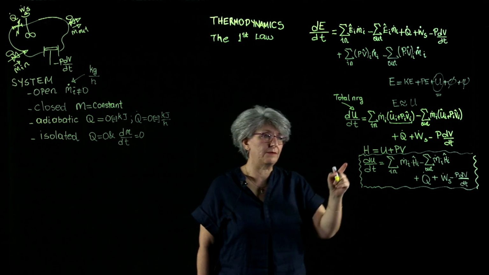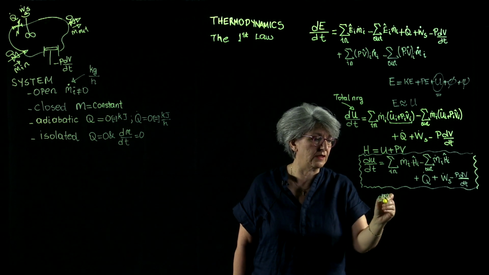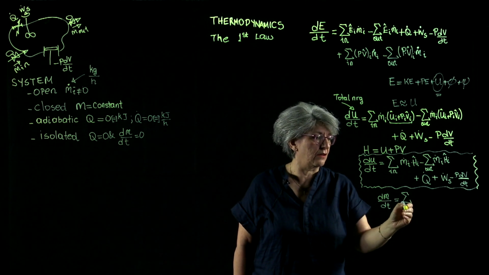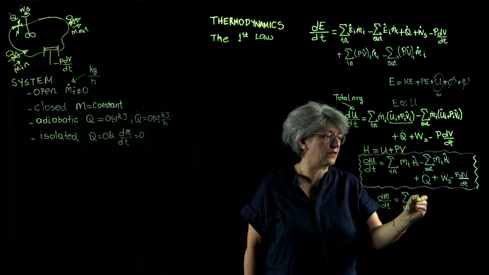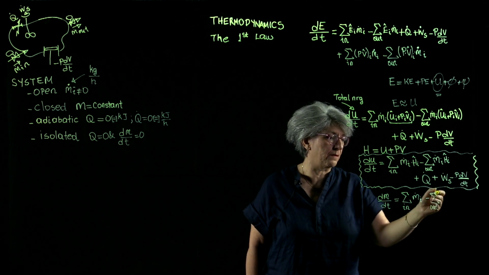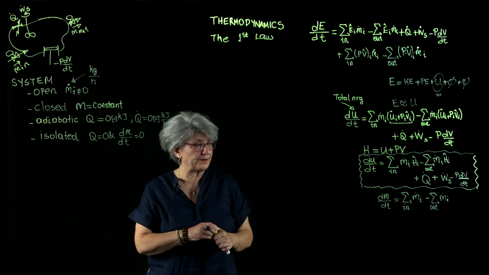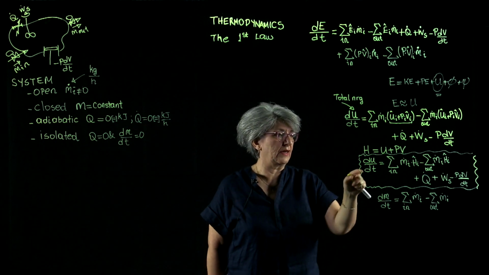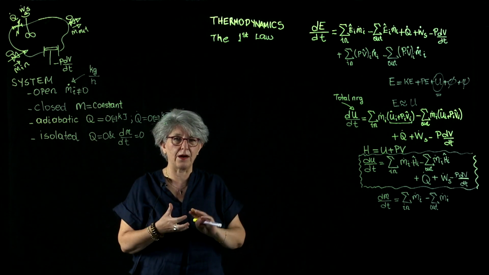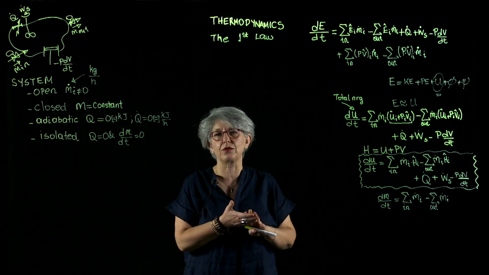Of course, this balance equation has a coupling mass balance, dm over dt, equal to the summation of all the streams that are coming in with mass flow rates that are defined by the system parameters or by the nature. So conservation of mass, conservation of energy, system and its environment, our state variables, our intensive and extensive variables. Now we are ready to solve engineering problems.